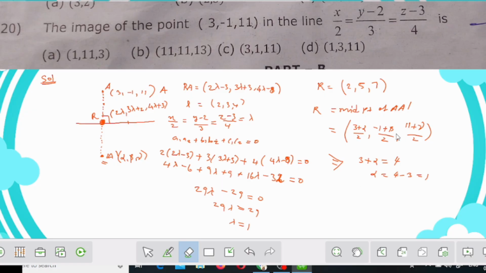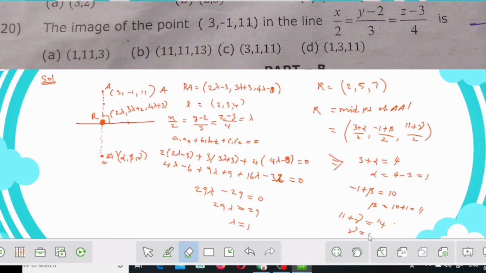In the same manner, (minus 1 plus beta) by 2 equal to 5, so minus 1 plus beta equal to 10, that is beta equal to 11. In the same manner, 11 plus gamma equal to 2 into 7, 14.